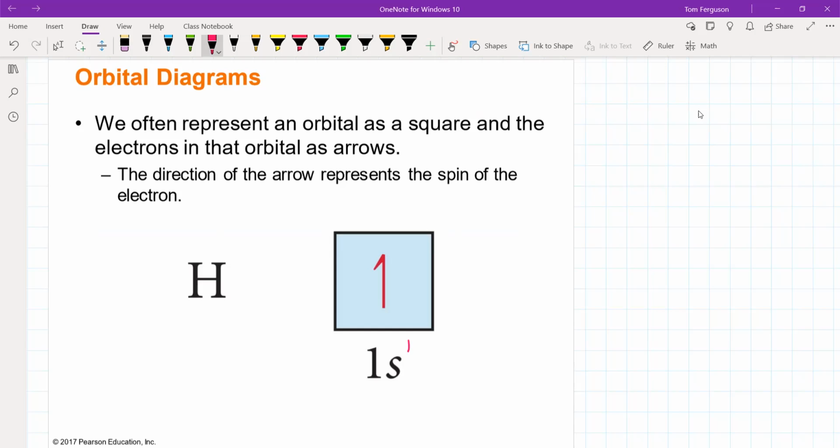Each orbital can have max of 2. So how many orbitals would be in that block? 3. Why? 6 over 2. How many 2s are in 6? 3. Now this is maximum. Some may be empty, some may be half full, some may be totally full.